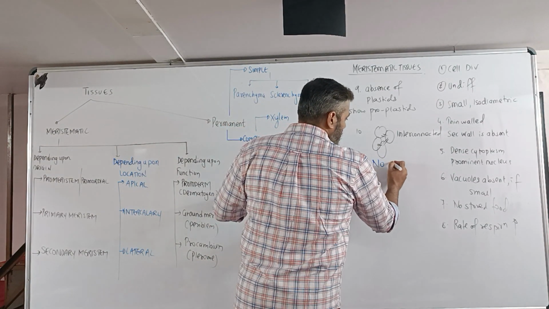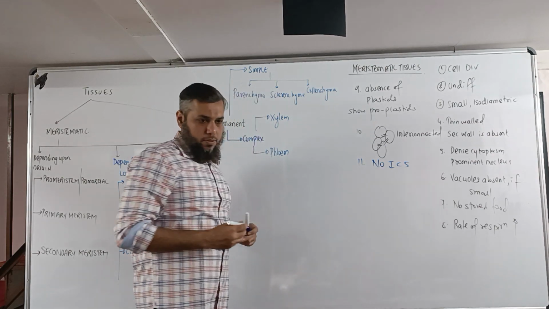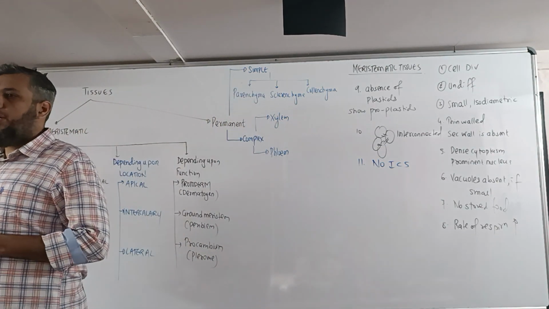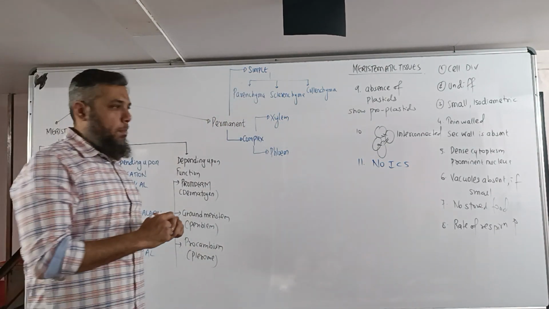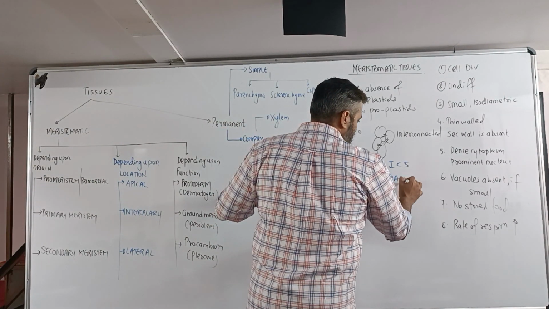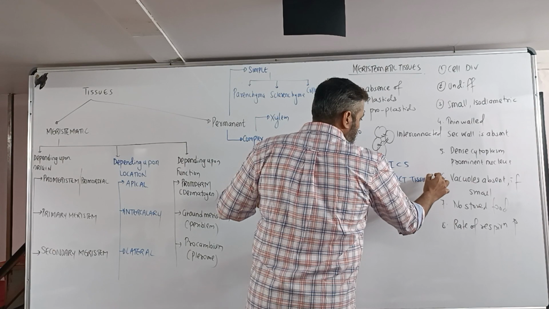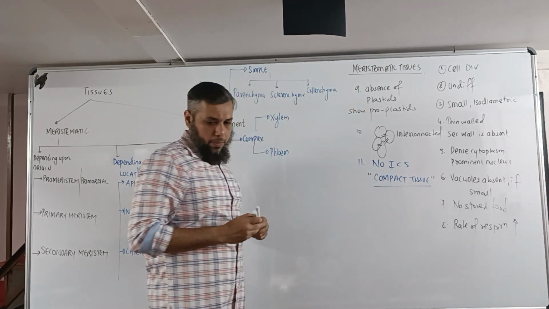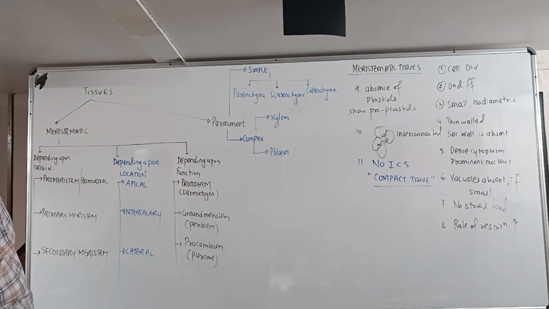And there is no intercellular space. So there is absence of intercellular space. So can I say it's a compact tissue? What is the word I am using? Compact tissue. So how is meristem? It's a compact tissue. So what are the properties of meristem?